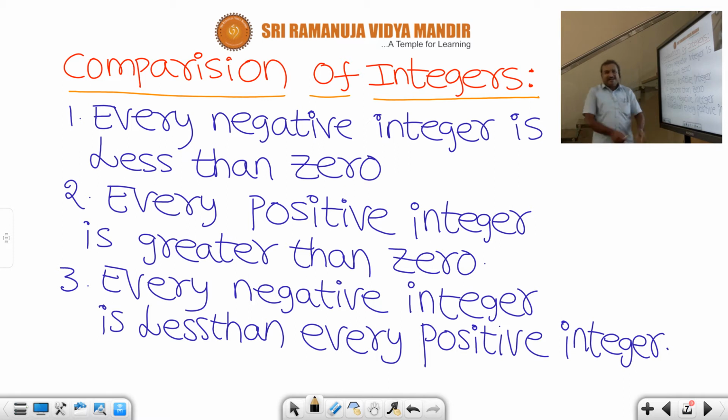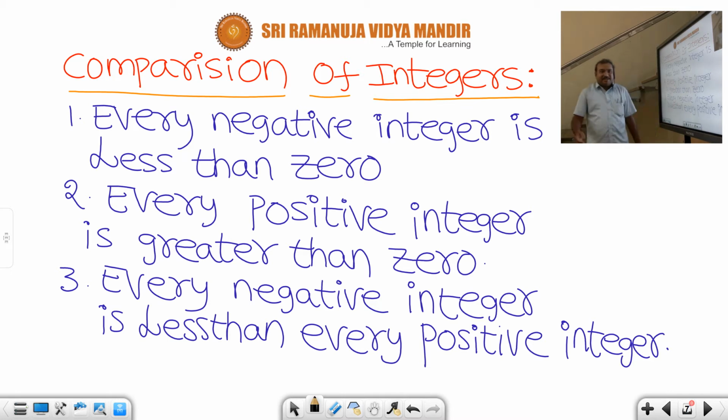For example, -1 is less than 0. Take -3: -3 is less than 0. Another integer, say -10: -10 is less than 0. So any negative integer is always less than 0.